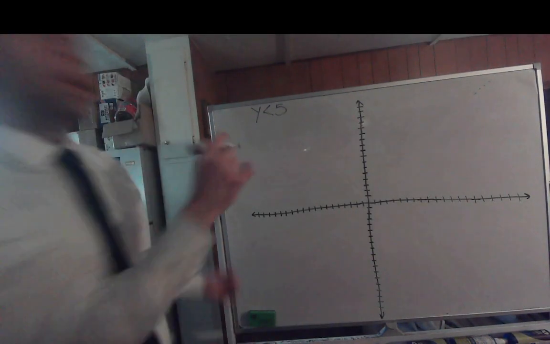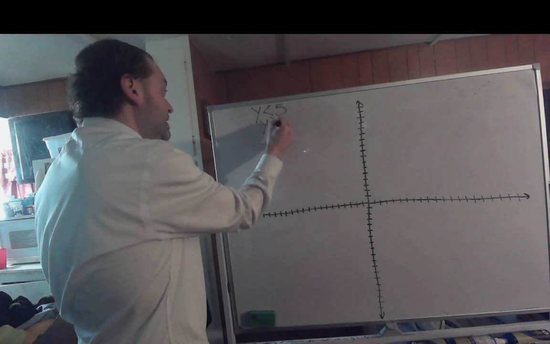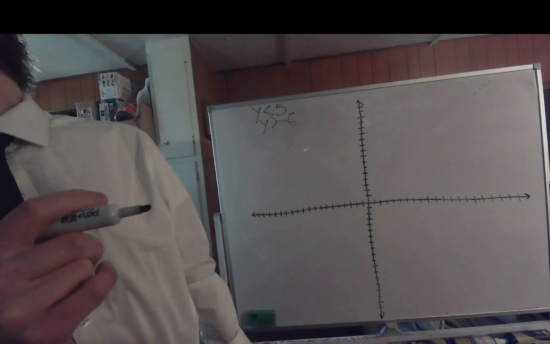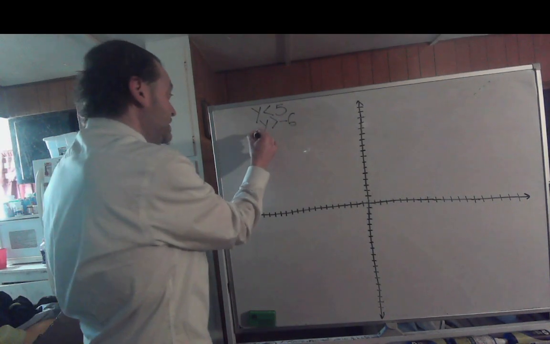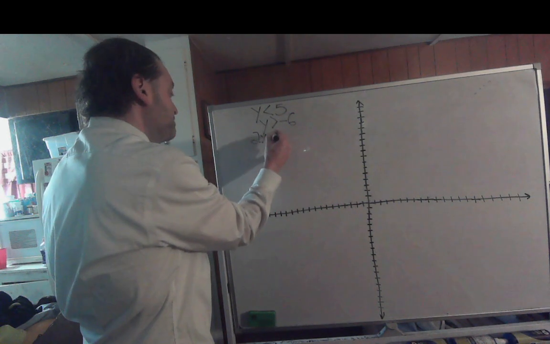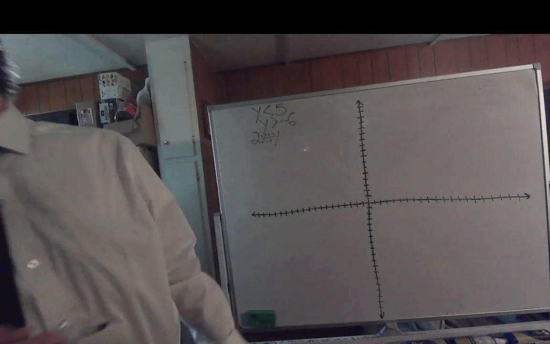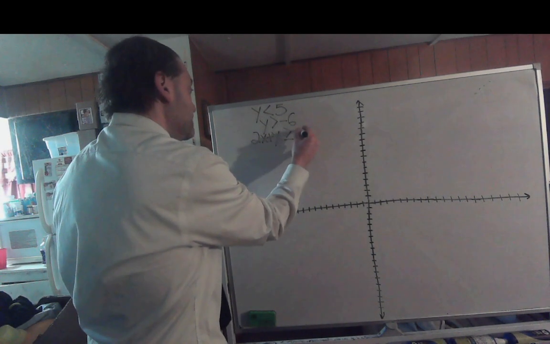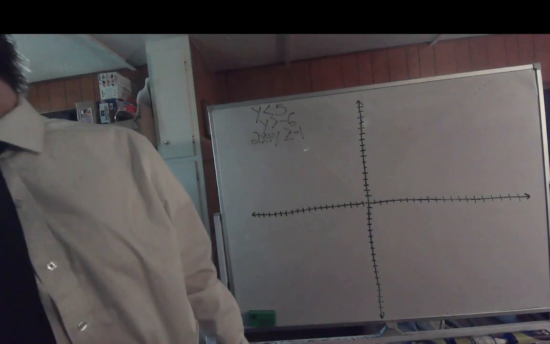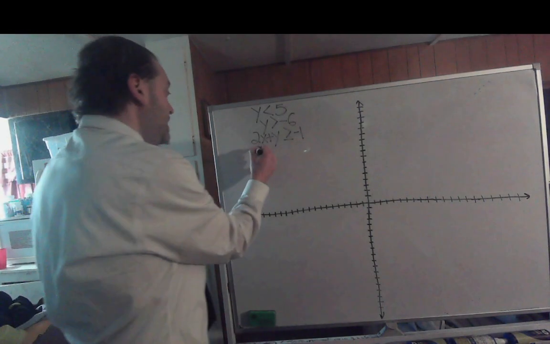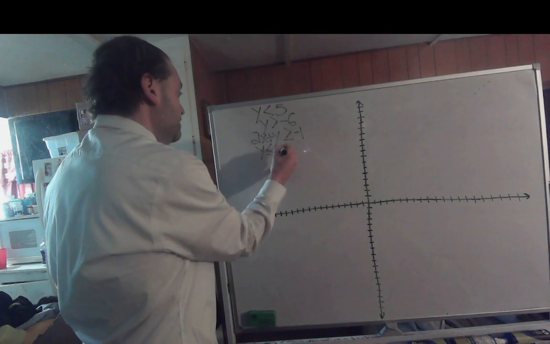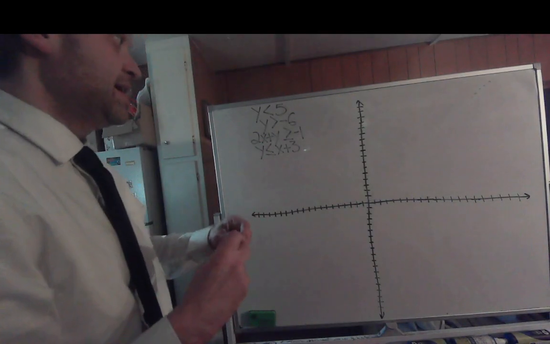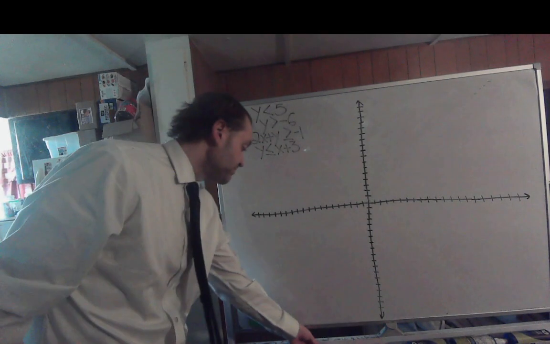We have that y is greater than negative 6. We have that 2x plus y is greater than or equal to negative 1. Then we have that y is less than or equal to x plus 3. So we have 4 inequalities again in this system.